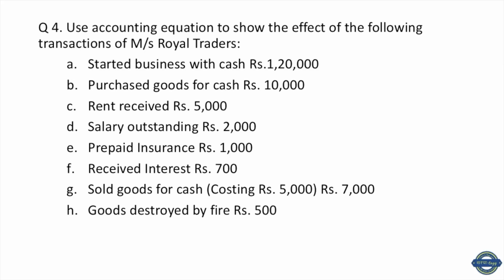Okay, so in the previous chapter, we have dealt with 3 questions. Let's continue with more. So the first question. Use accounting equation to show the effect of the following transactions of MS Royal Traders.